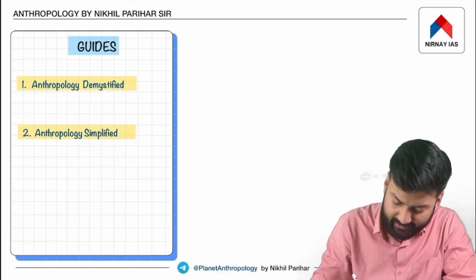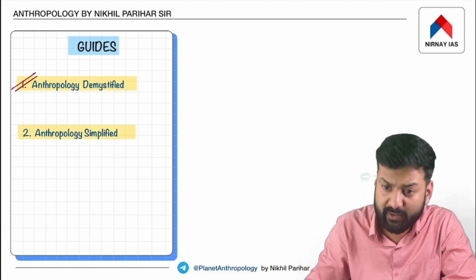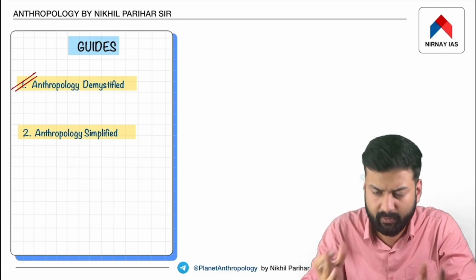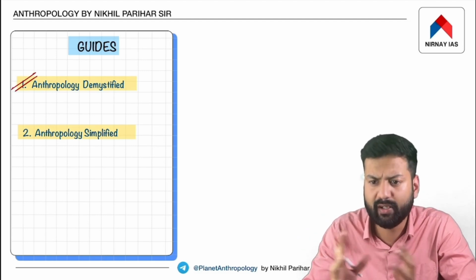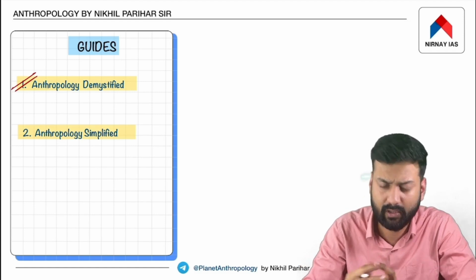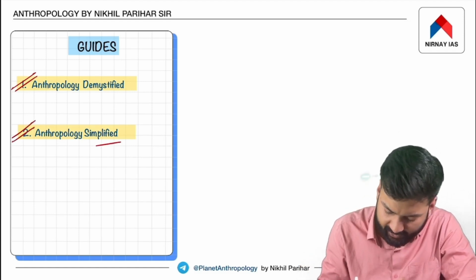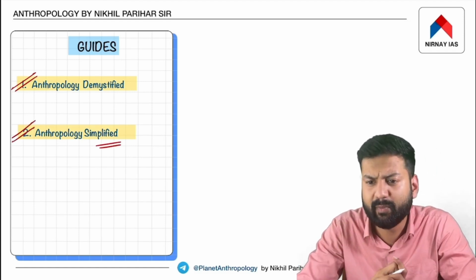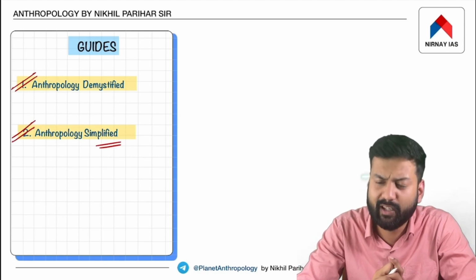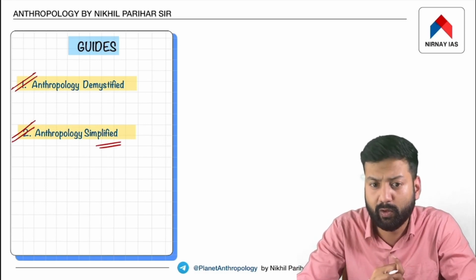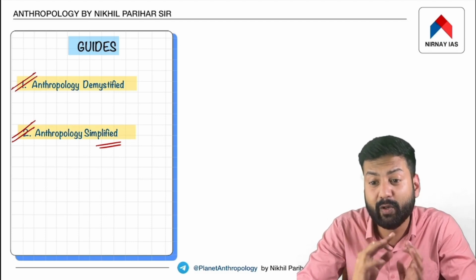So these guides, namely Anthropology Demystified, written by a former IAS officer, an all India rank under 5 officer, and then there is Anthropology Simplified, right? Both of these are written by toppers only. Basically, they converted their notes into a particular book, which was very good at that particular point of time.